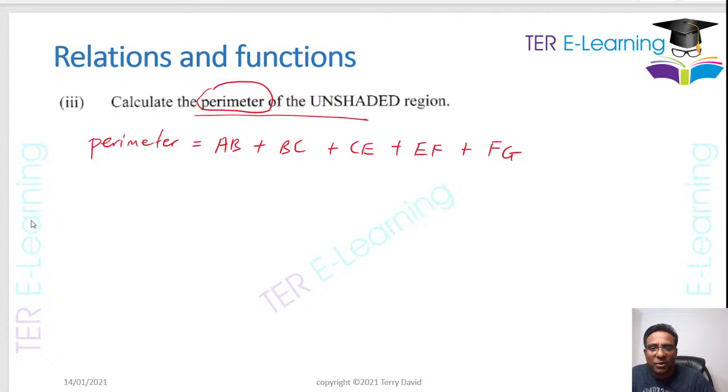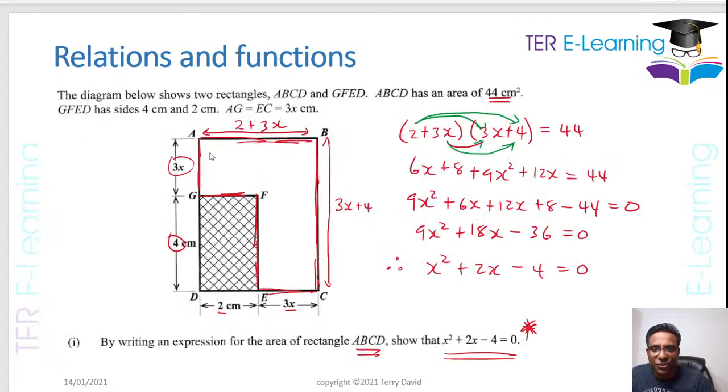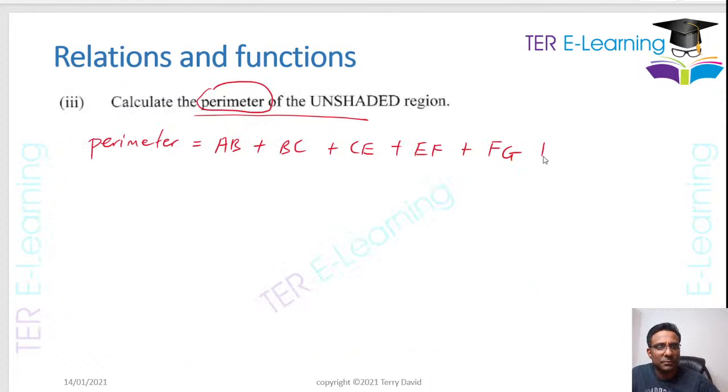All I'm doing is going around the shape, that's all I'm doing.